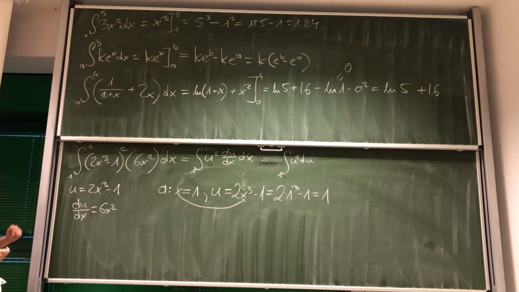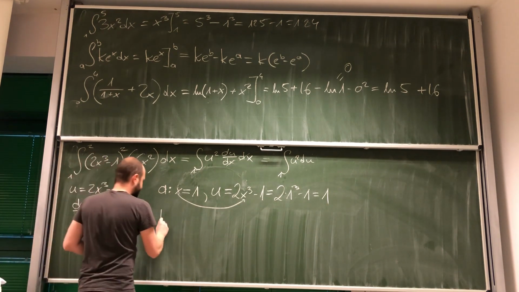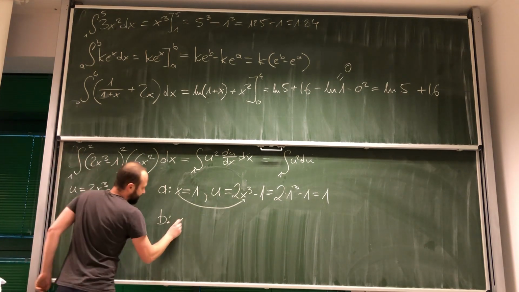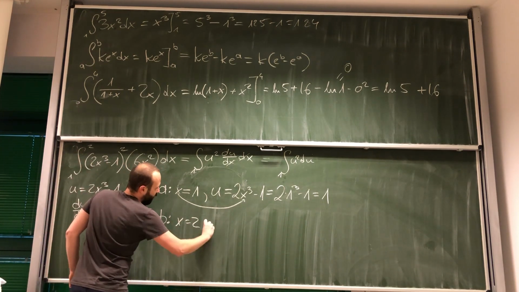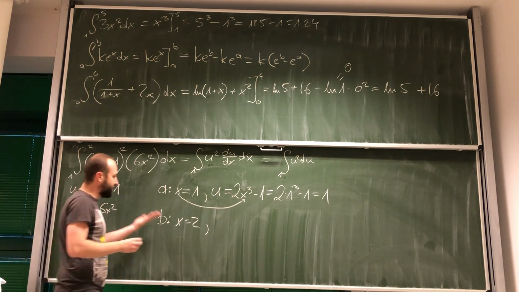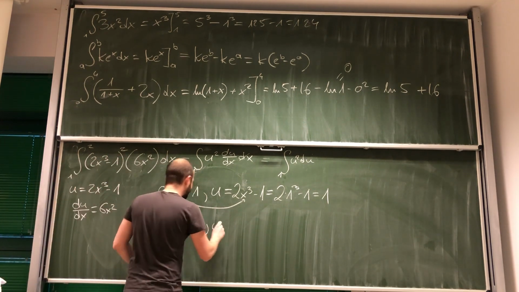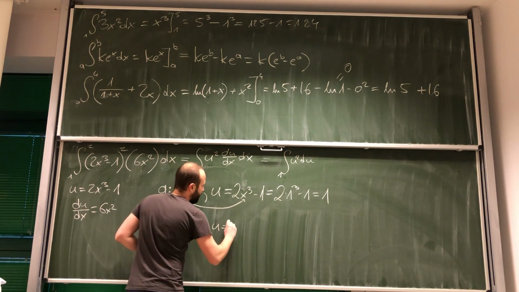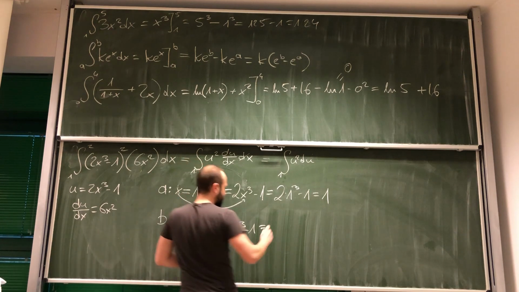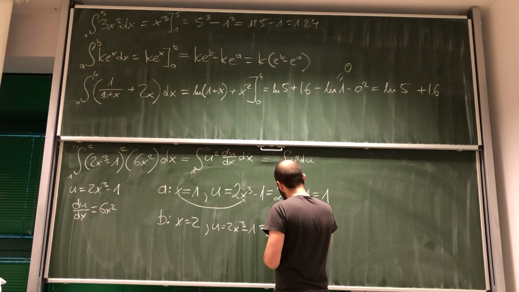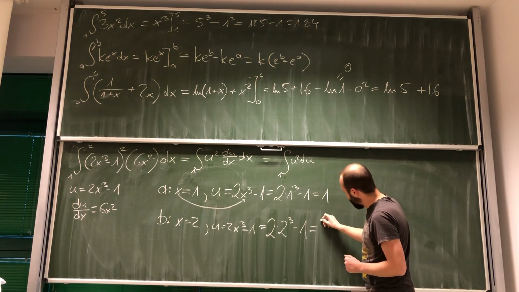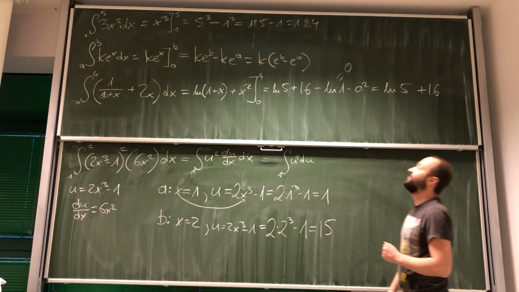But what about b? b, for x, was equal to 2. So what is going to be the situation when we turn from x to u? Well, when x is 2, u, which is equal to 2x cubed minus 1, turns into 2 times 2 to the power of 3 minus 1, which is 16 minus 1, which is 15.